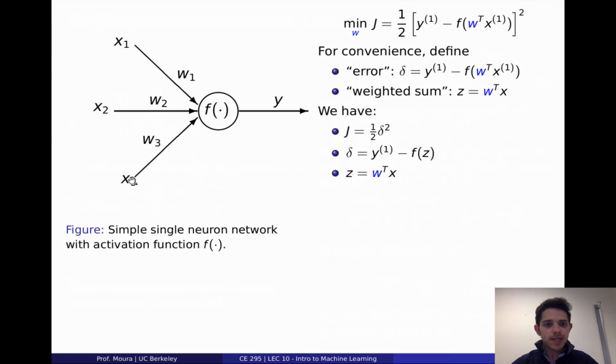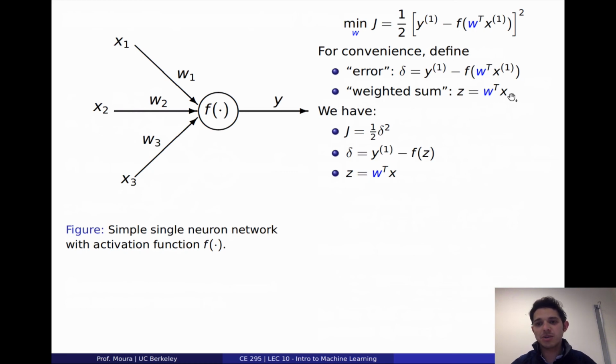Okay, so here again I have my single neuron, I have my nonlinear least squares objective function, and now I'm going to define a few things for convenience. So for convenience, I'm going to define the error as delta. We also called this the residual before, which is going to be y minus f of w^T x for my one training example here. Okay. And then for convenience, I'm also going to define the weighted sum as z.